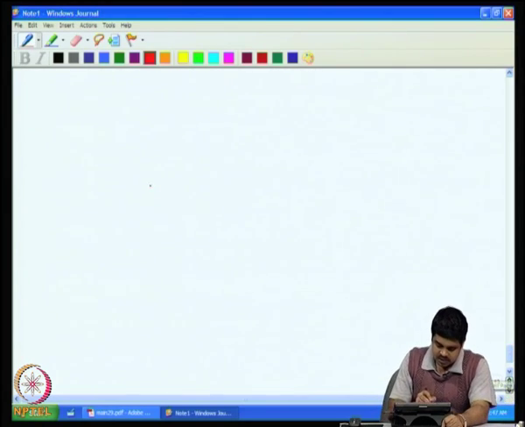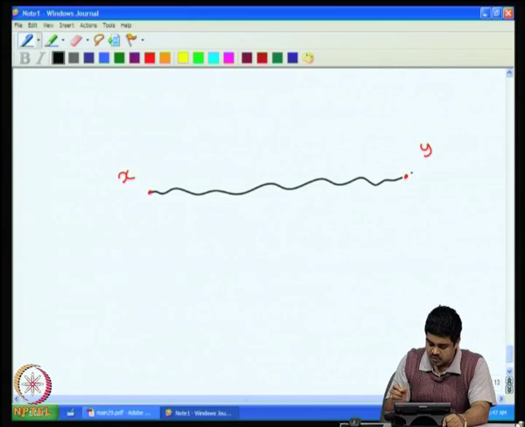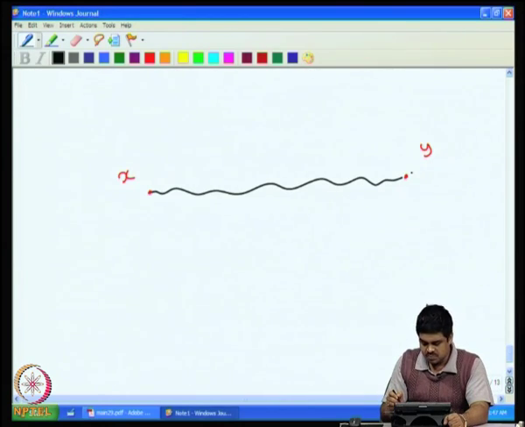Now, let us consider an x, y. An interesting question we will ask is: there is a Hamiltonian path between x and y here, we know that. So, is it possible that we can get a Hamiltonian cycle immediately from that?